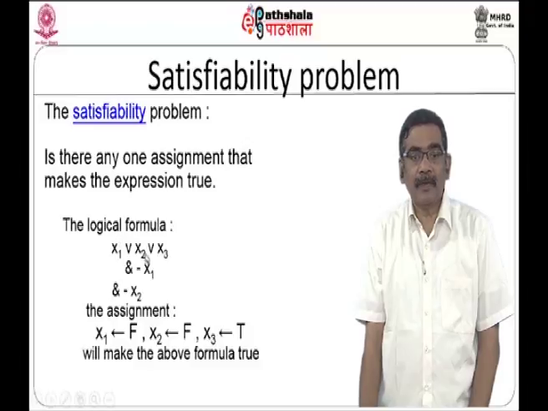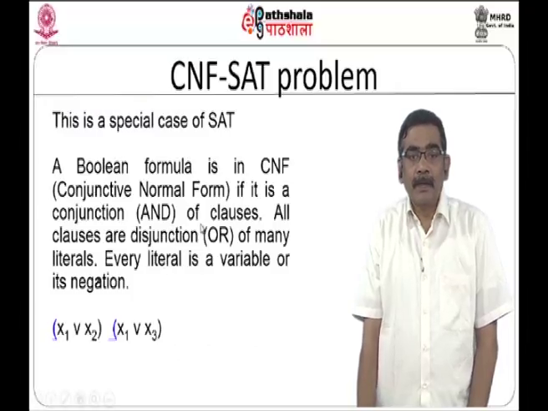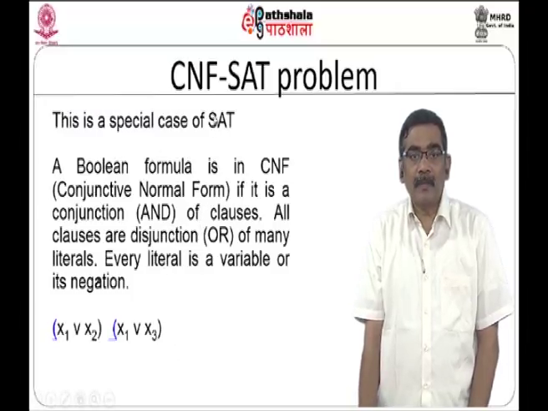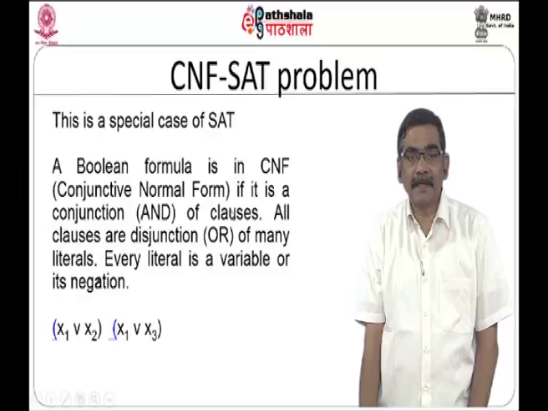So, as I said earlier, for smaller instances the problem solving is quite easy, but if the number of variables becomes large, then it is difficult. So, based on this we can form one more problem called CNF SAT. CNF SAT is an extension of that, where we put an additional restriction of conjunctive normal form, where every clause has variables that are connected by disjunction and all the clauses are connected by conjunction.